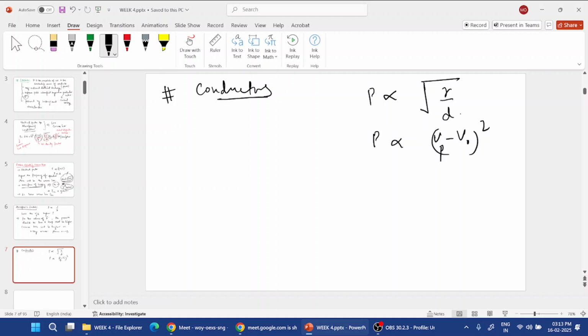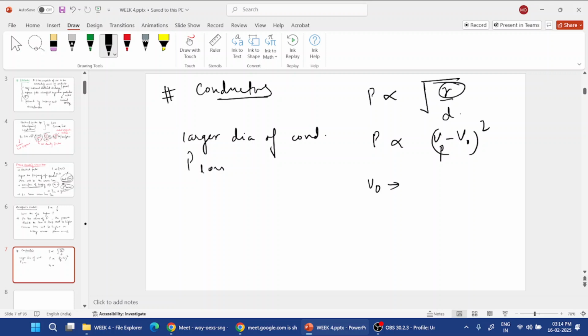So basically what happens here is that square root of the size means the larger the dia of the conductor, the larger will be the losses. But we know that V0 is the critical disruptive voltage.